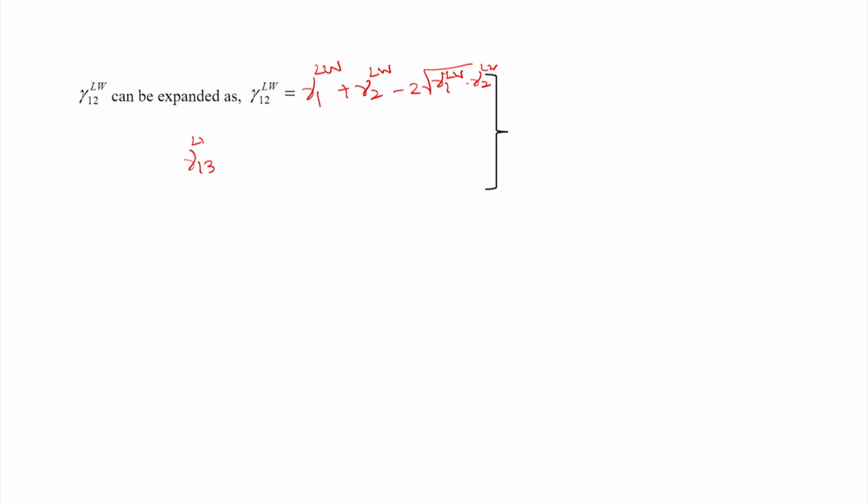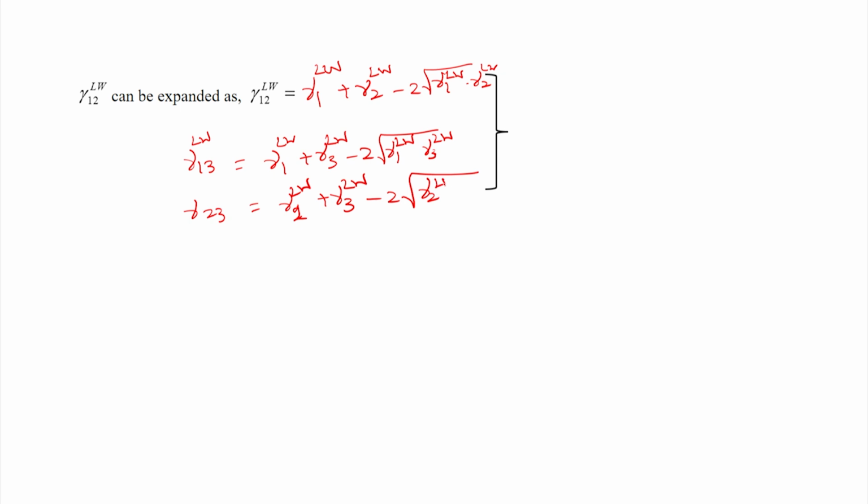So, gamma 1 3 will be gamma 1 LW plus gamma 3 LW minus 2 square root of gamma 1 LW gamma 3 LW, and gamma 2 3 will be gamma 2 LW plus gamma 3 LW minus 2 square root of gamma 2 LW and gamma 3 LW, like that.